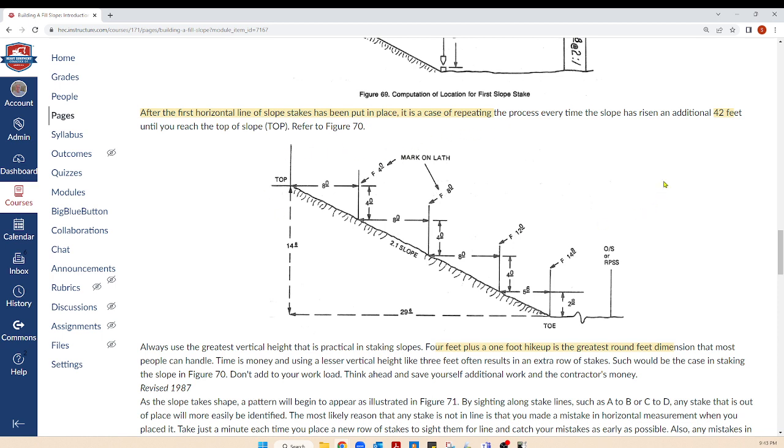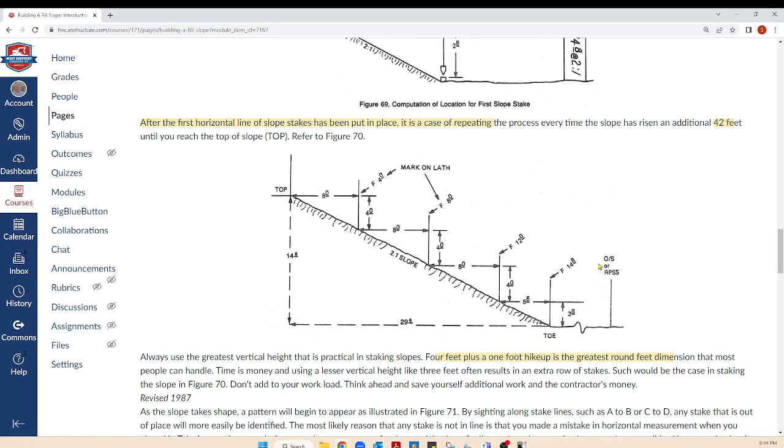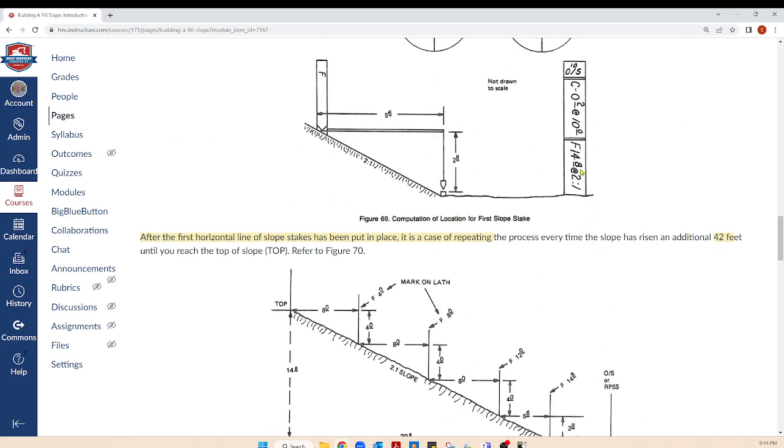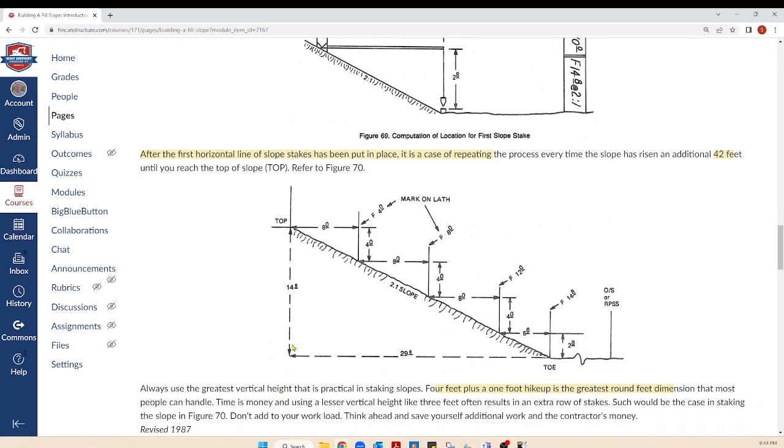Now, where does the 42 feet come in? I'm not sure what we're dealing with here. The total fill is 14.8. That's as far as we're going to go. I don't know why we got 42 feet.